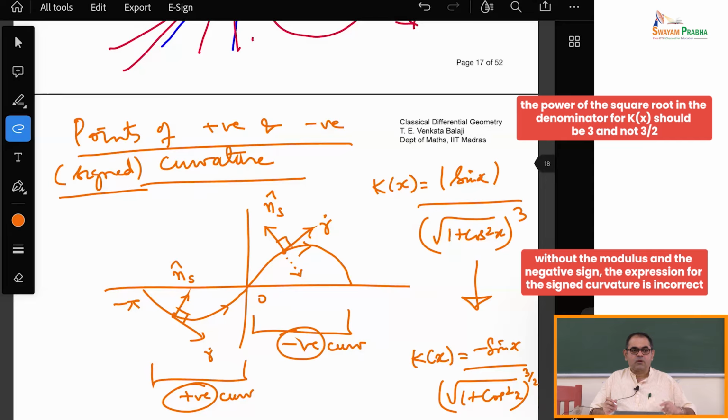So you can go wrong. The thumb rule is always look at the direction of the geometric normal and the direction of the signed normal. If they are in the same direction, the signed curvature is positive. If they are in opposite directions, the signed curvature is negative. That's how you have to see it.